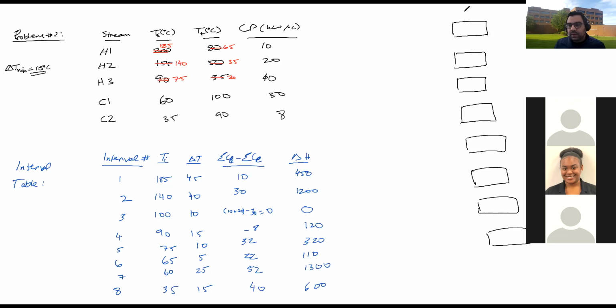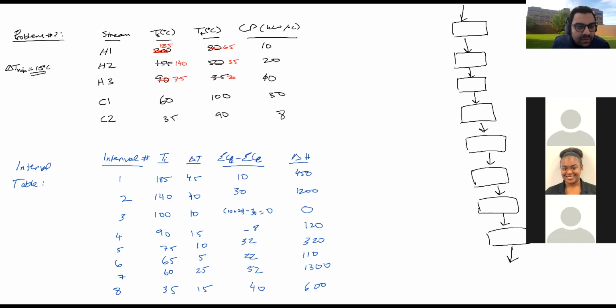And then I'm gonna draw lines or arrows connecting all of these boxes. And this is the basic structure of this cascade diagram.